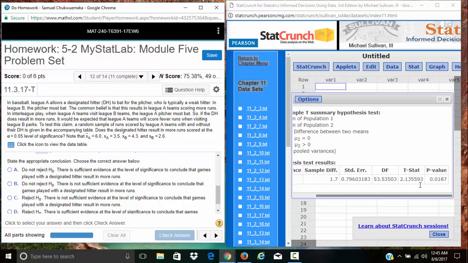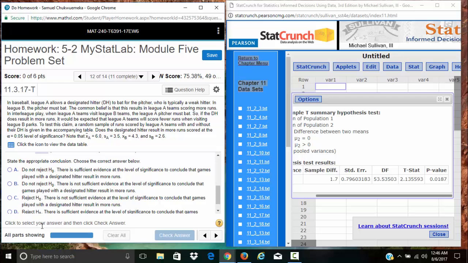Now check the 0.019 and the level of significance 0.05. So which one is greater? As you can see, 0.05 is greater than 0.019. That means the p-value is less than the level of significance.